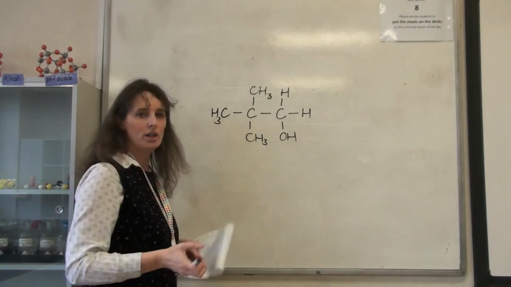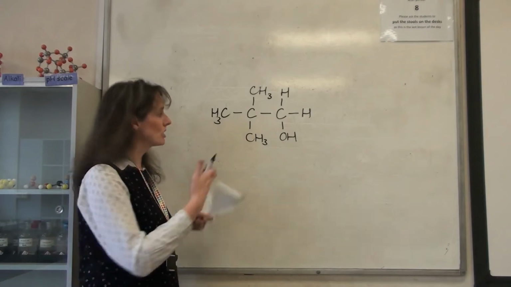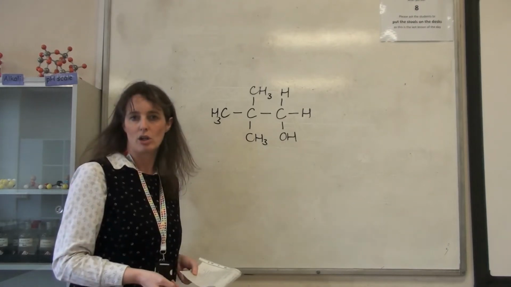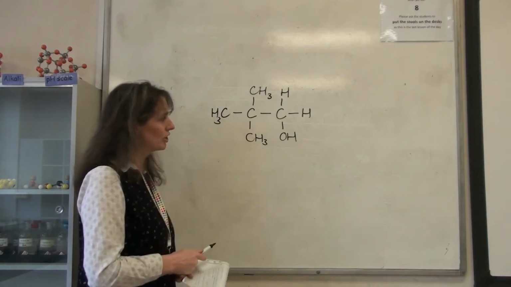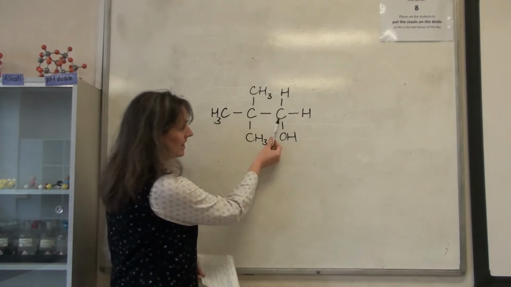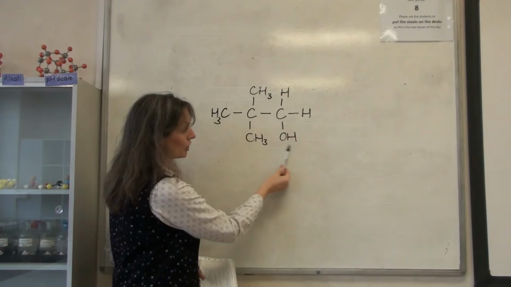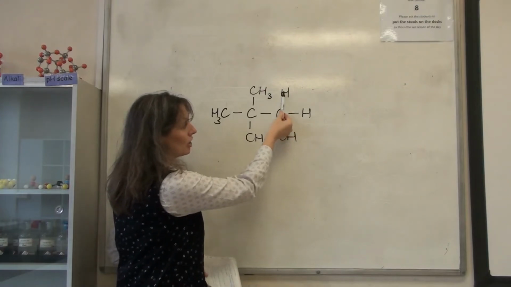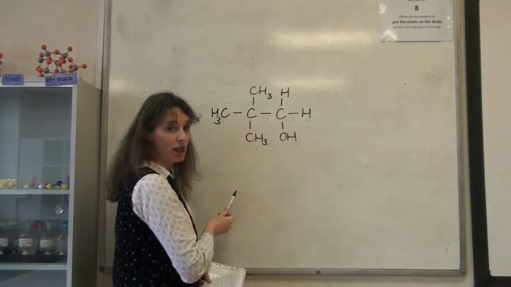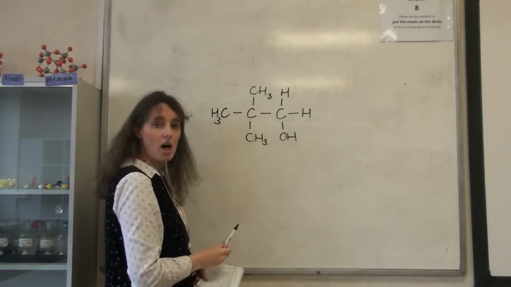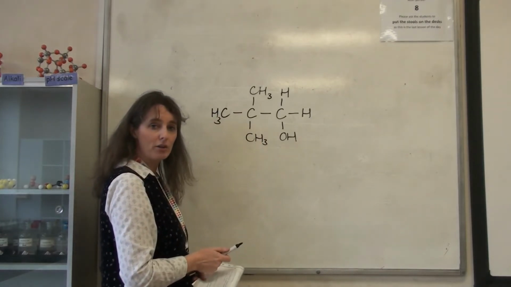Now, some of you might look at that very quickly and say, oh, does that mean that tertiary alcohols don't dehydrate? But look carefully, that is not tertiary. This is a carbon with our OH on it, and it has two hydrogens and one highly branched R chain. So it's just got one R group, so it's actually a primary alcohol.